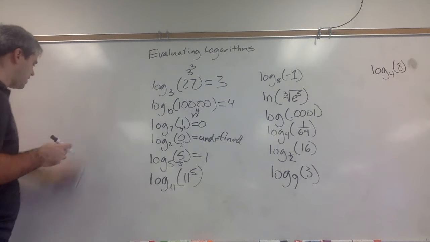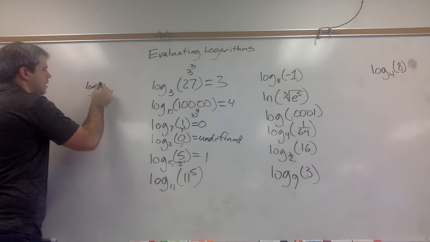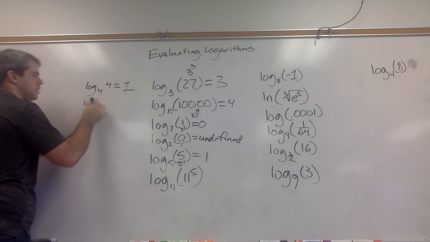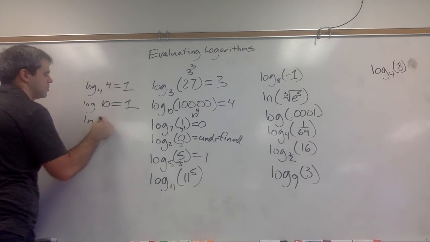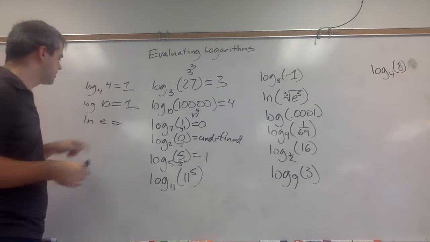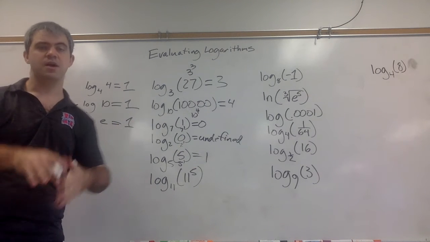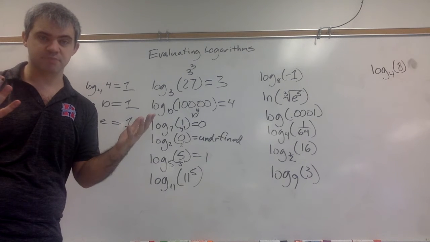If you see log base 4 of 4, that's 1. If you see log base 10 of 10, that's 1. You see natural log of e, remember that's the base, that's 1. If the base and the result are the same, the only way that's going to happen is when your exponent is 1. Make sense?